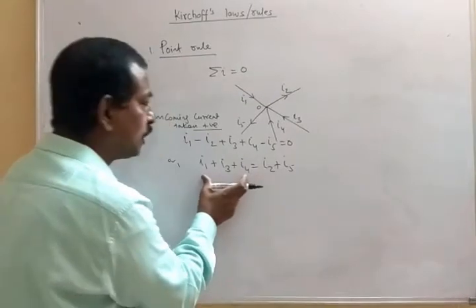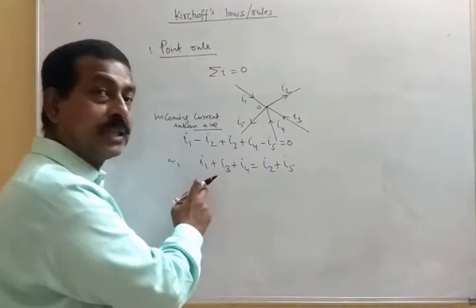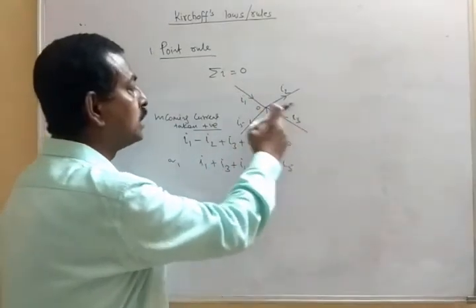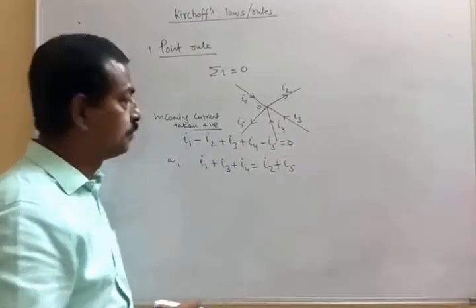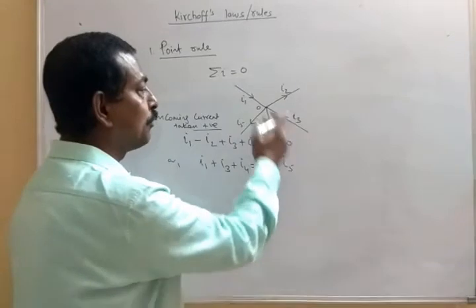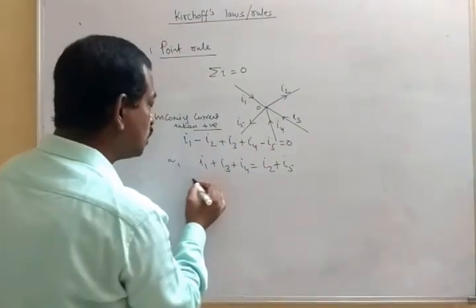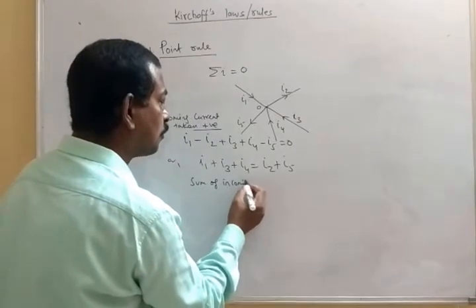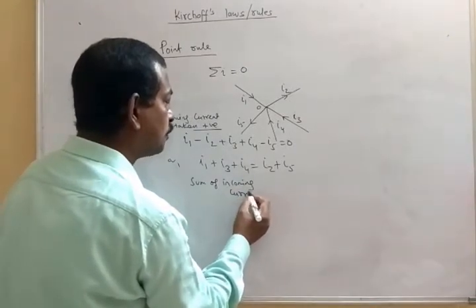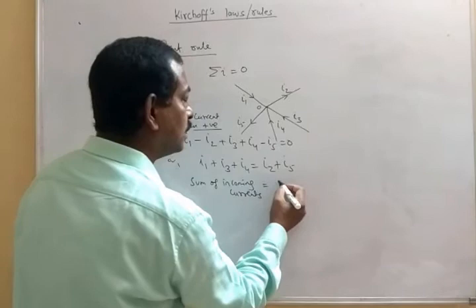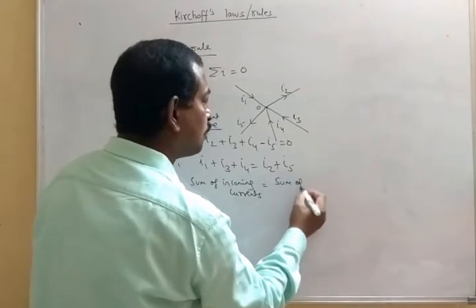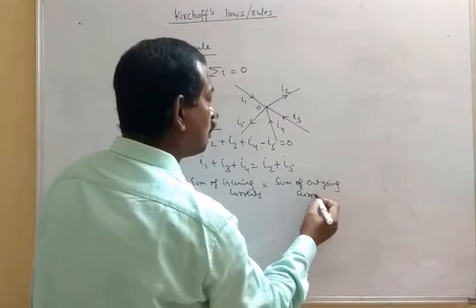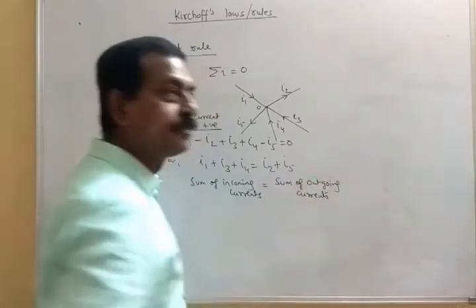Now, what are the terms on the left side? These are the sum of incoming currents. I1, I3, I4 are the incoming currents, and I2 and I5 are outgoing currents. So this is the sum of incoming currents, and this is the sum of outgoing currents.